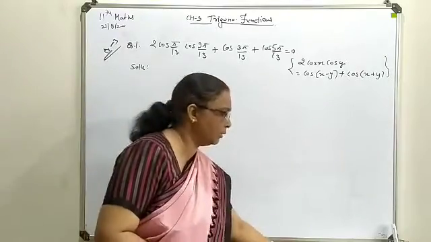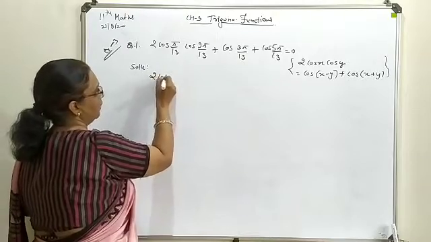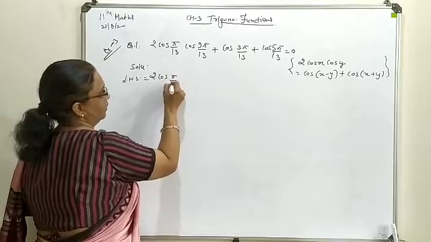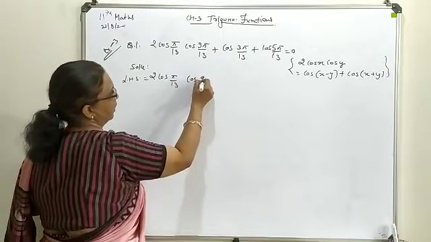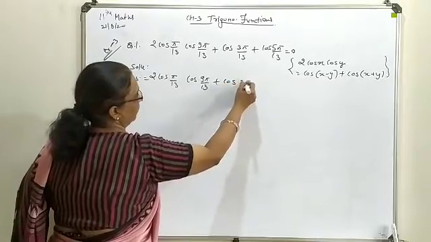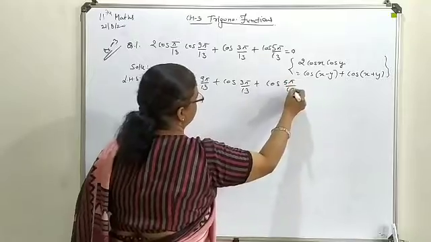So let's start with the given form. On the left hand side we pick up 2 cos pi by 13 cos 9 pi by 13 plus cos 3 pi by 13 plus cos 5 pi by 13.